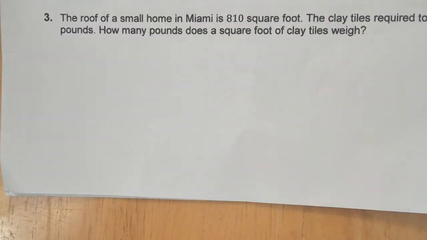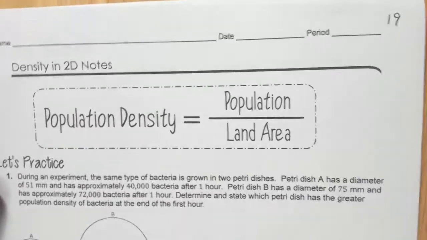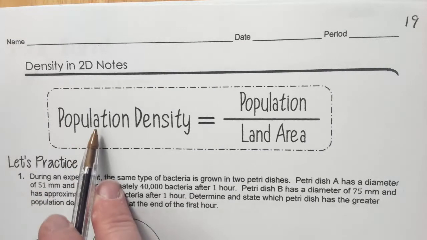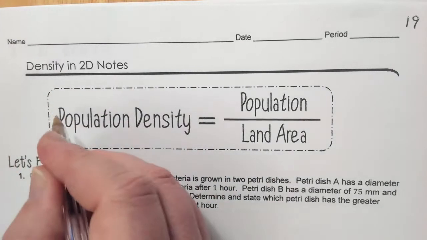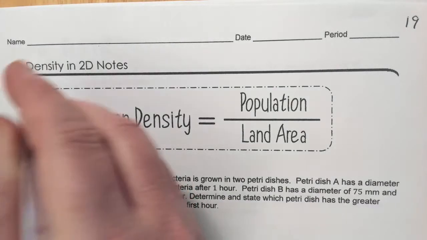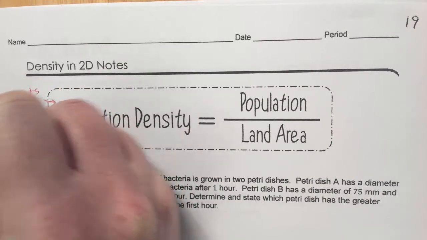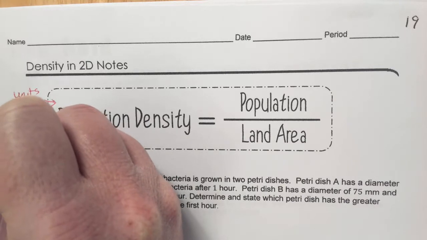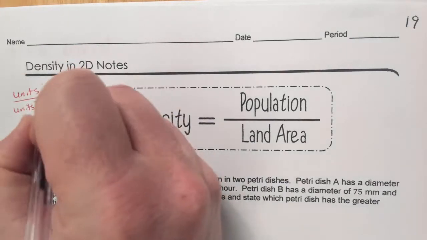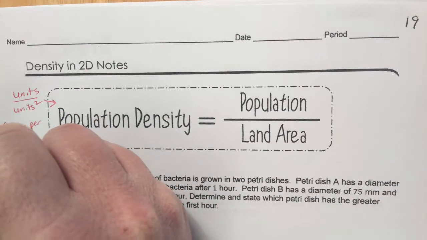Let's go ahead and go to page 19 of our notes. Let's rewrite the notes that we said on page 1: population density is units per unit squared, where units is on top and unit squared is on the bottom.